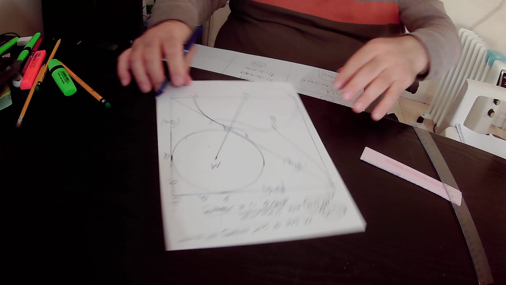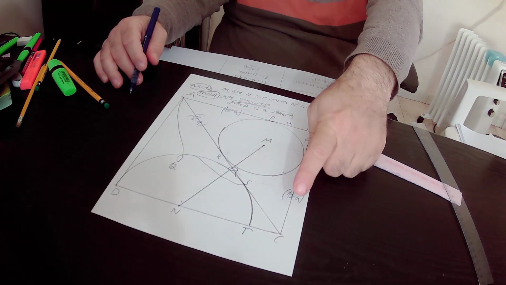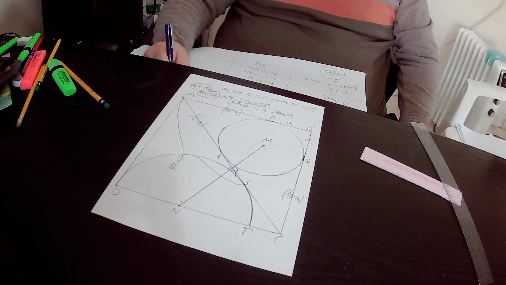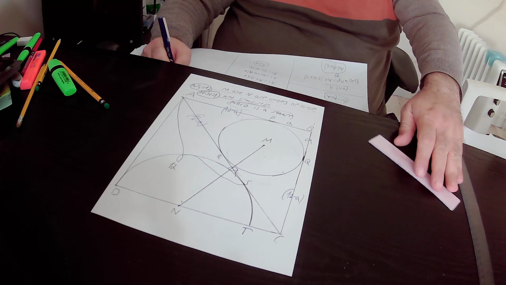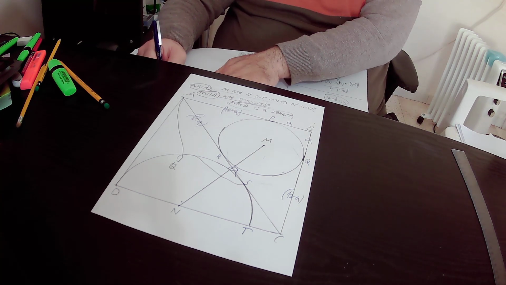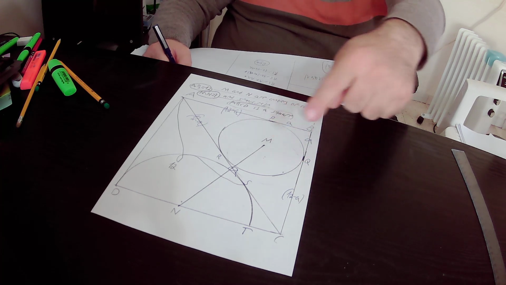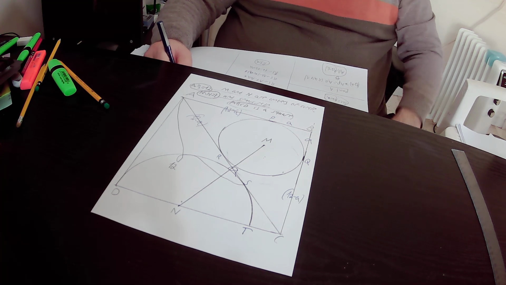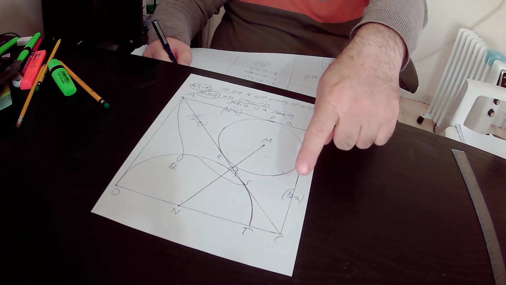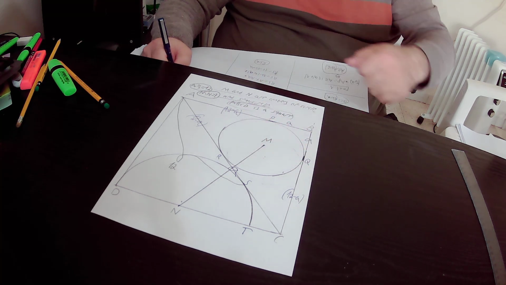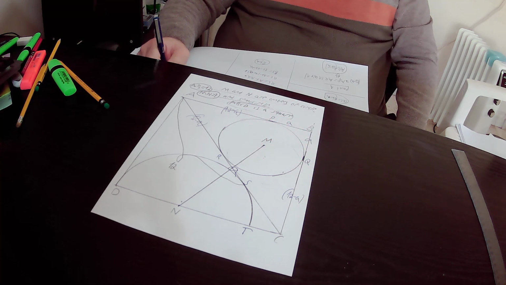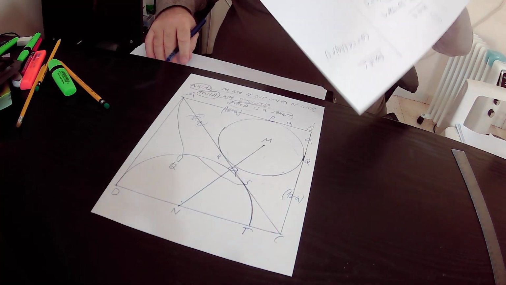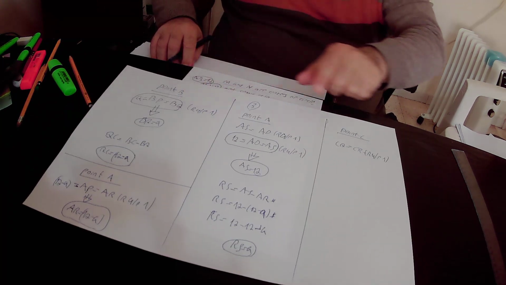In the next step, we will focus on the external point, point C. From the external point C, we have two tangents to this circle. The first tangent is tangent CQ, and the second tangent from point C is CR. And according to rule number 1, they are equal to each other. That is to say, CQ is equal to CR according to rule number 1.